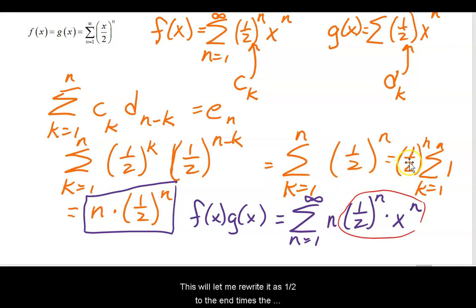This will let me rewrite it as 1/2 to the n times the series from k equal 1 to n of 1. You may remember way back at the beginning of chapter 5 that there's a formula for the sum from k equal 1 to n of a constant, and that's simply n times the constant. Our constant in this case, of course, is just the number 1. This gives me n times 1 to represent this entire series.